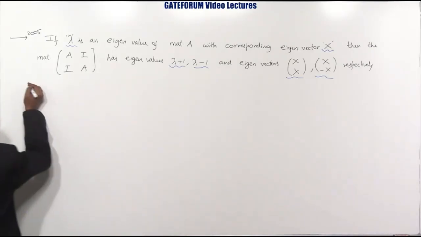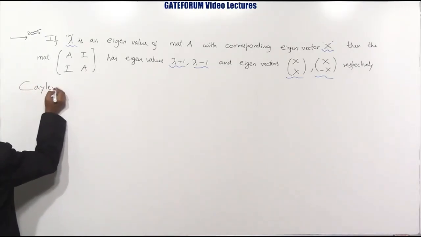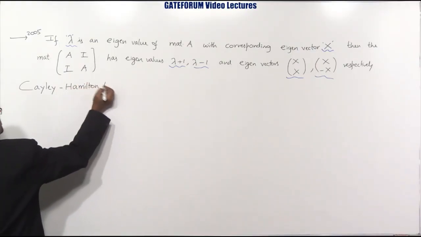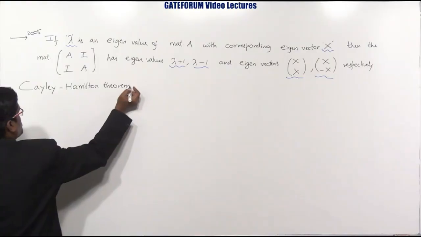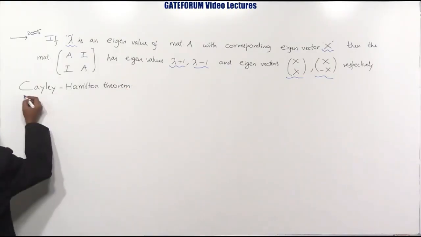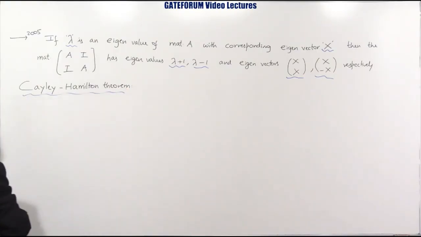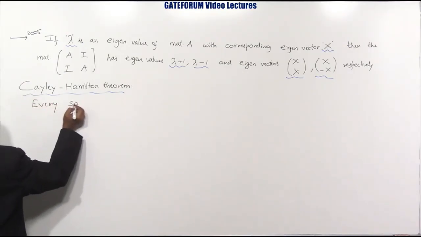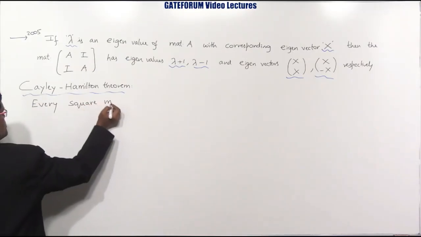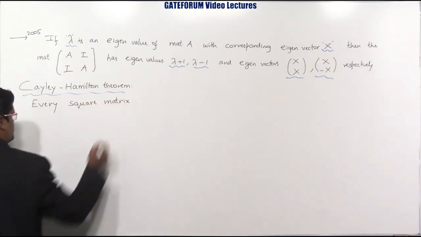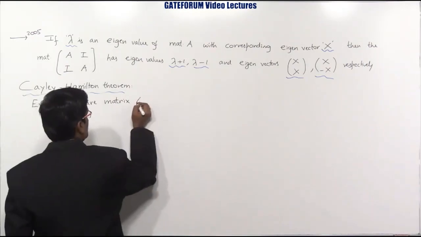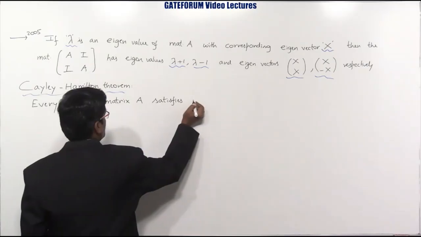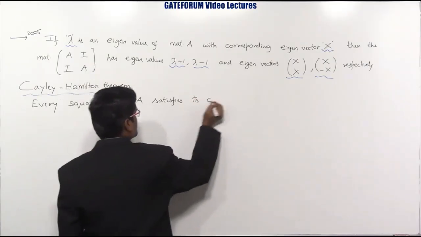Now the next one is Cayley-Hamilton theorem. Every square matrix A satisfies its own characteristic equation.